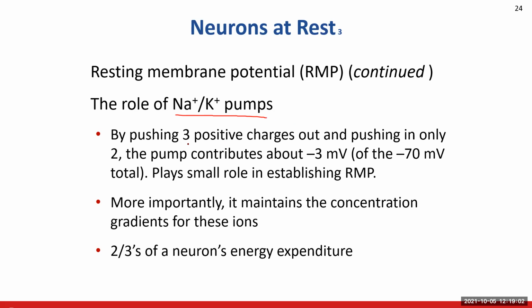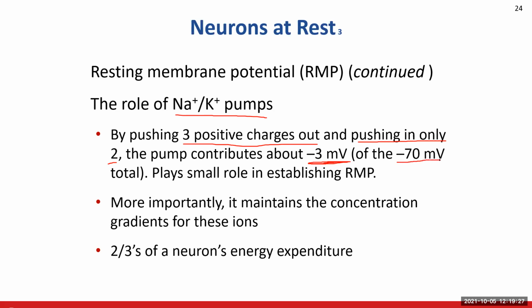So we're going to push 3 positive charges out of the cell, the sodium, and 2 positive charges into the cell, the potassium. And that is actually just a small amount to the resting membrane potential, negative 3.